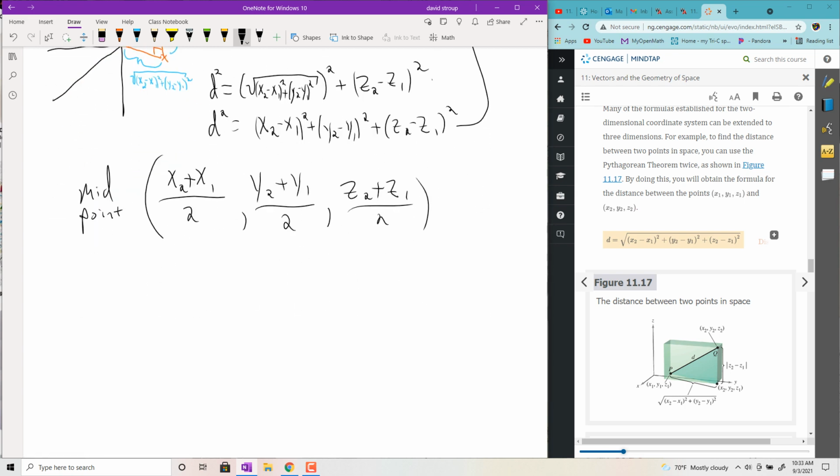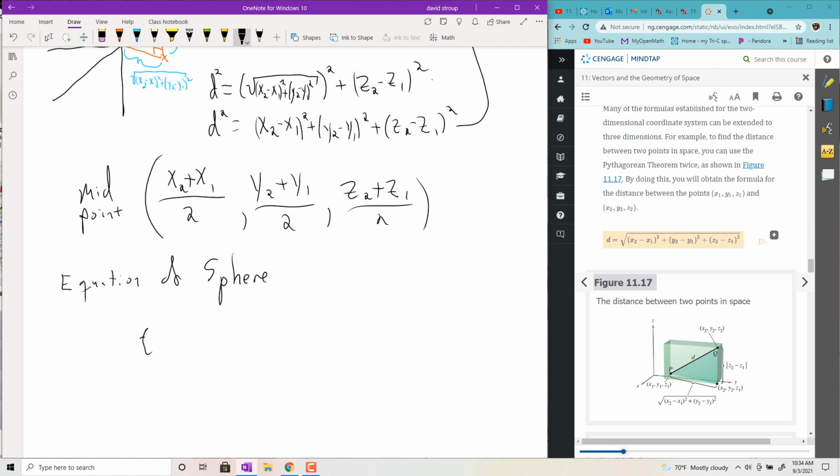Also from the distance formula, we get the equation of a sphere. It's the set of all points x, y, z such that the distance from some center point is all the same. That's actually just the distance formula.